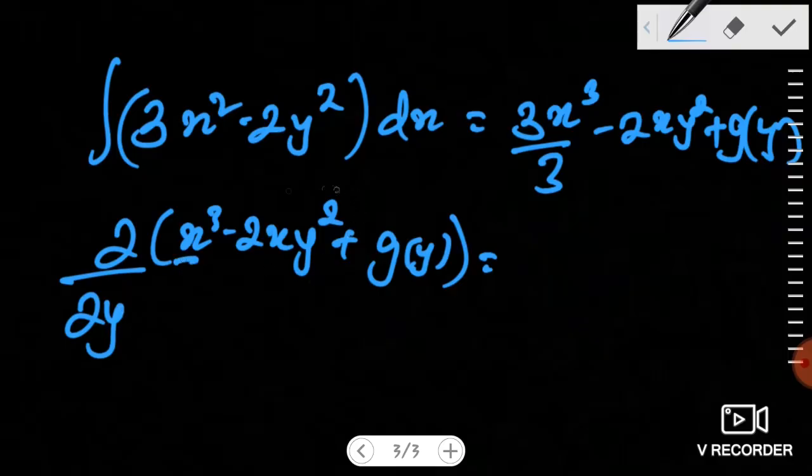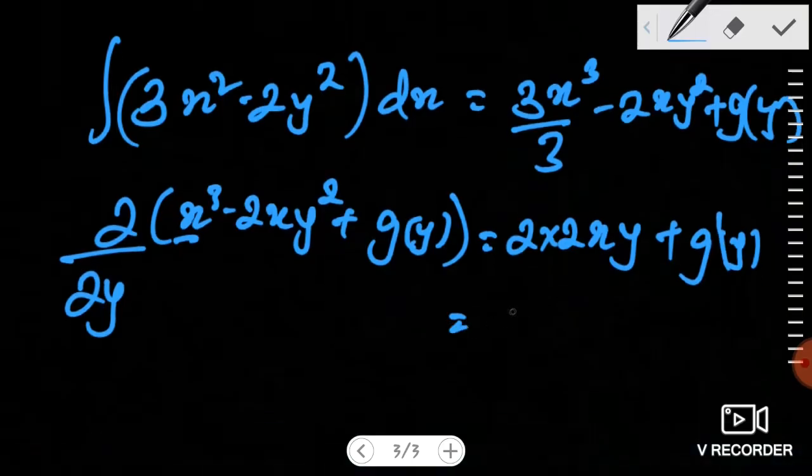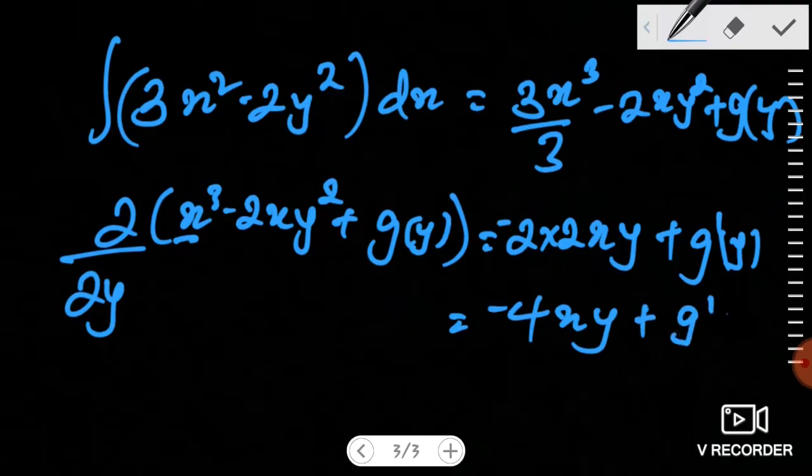Now, let's differentiate the next term with respect to y: you're going to have 2 times 2xy. Plus, if you differentiate g of y, you get the first derivative, g prime of y. Therefore, we are going to have 4xy. Remember, there was a negative, so this is negative 4xy plus g prime of y.